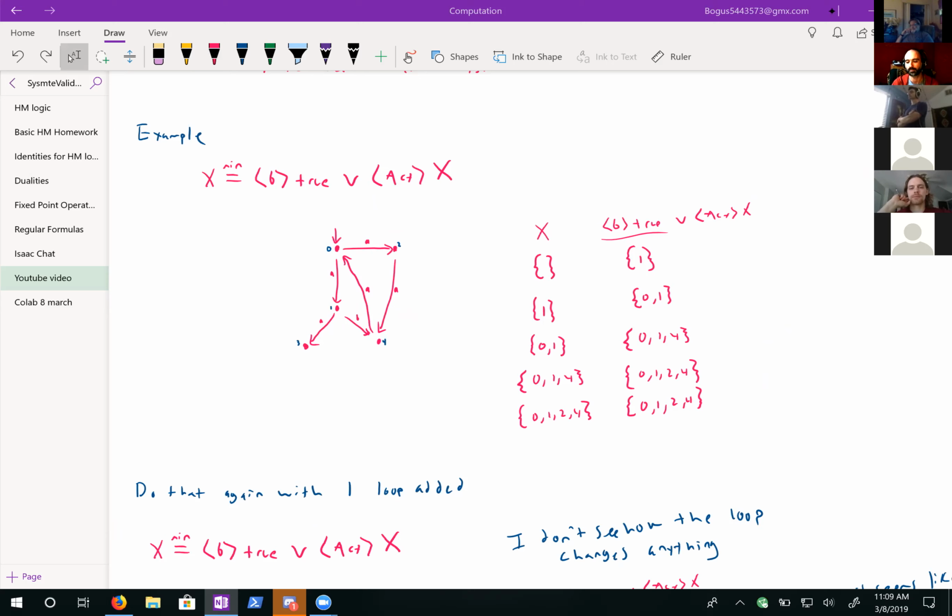So in that sense, we are doing almost the same thing as defining the minimum fixed point, right? Because for the minimum, we have this set of elements that are included in our set, and for the maximum, we have this set of elements that are excluded. Yeah. All possible, right? Yeah.